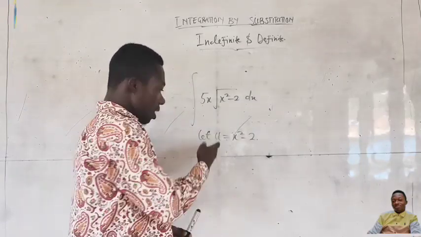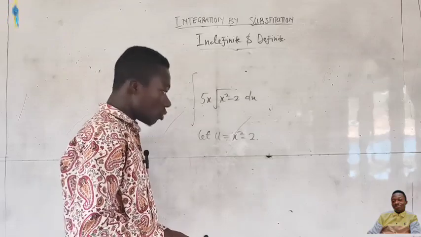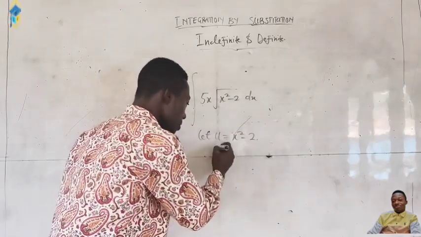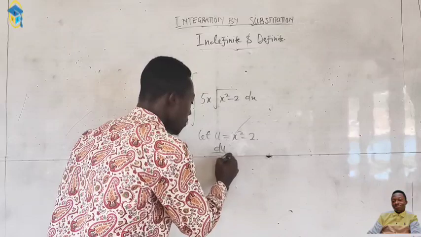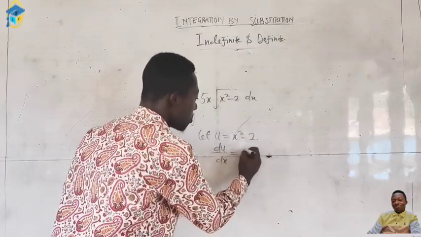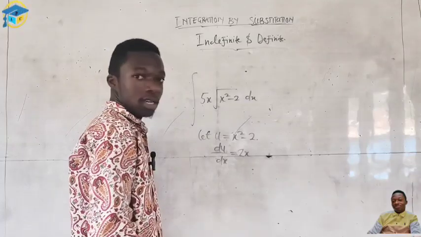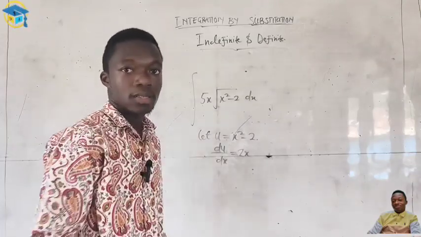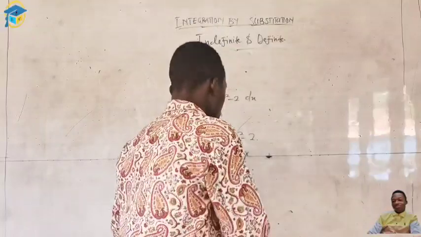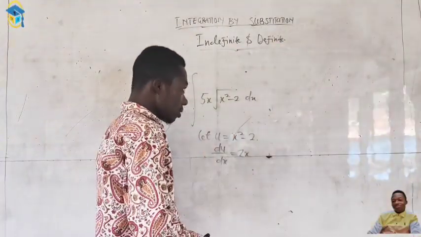So I need to differentiate u with respect to x. So du over dx gives me 2x.